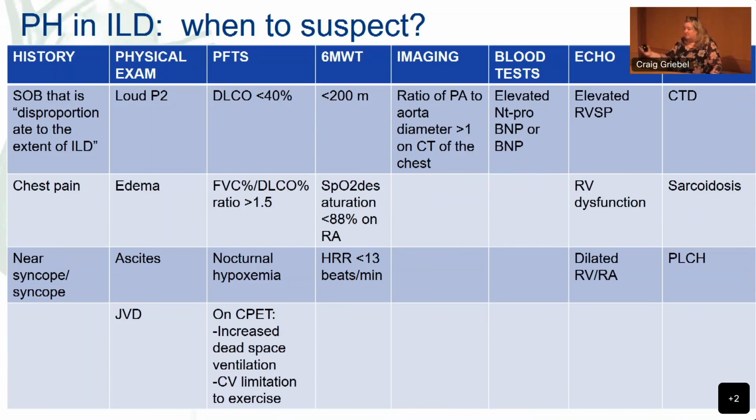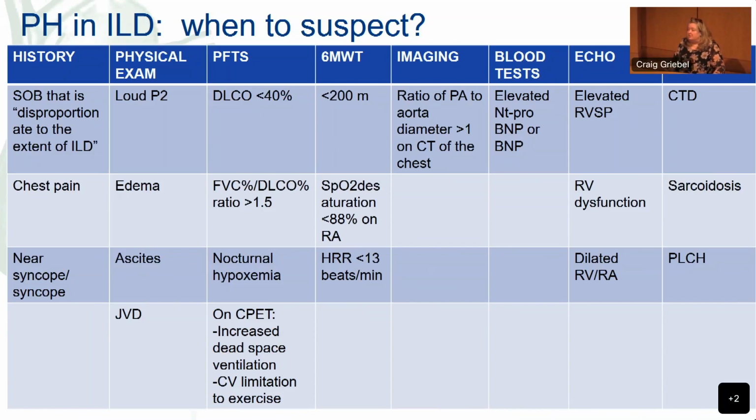If you were to do a CPET or invasive CPET, and we know Dr. Tonelli is the wizard at these, he would tell you that there's increased dead space ventilation and a cardiovascular limitation to exercise. These patients tend to have a really poor 6-minute walk distance.